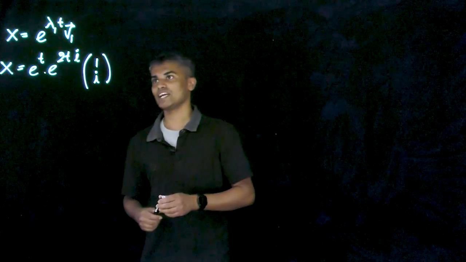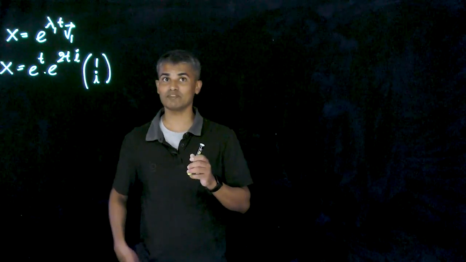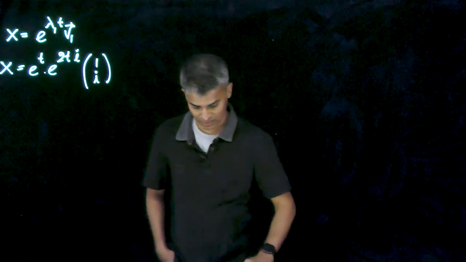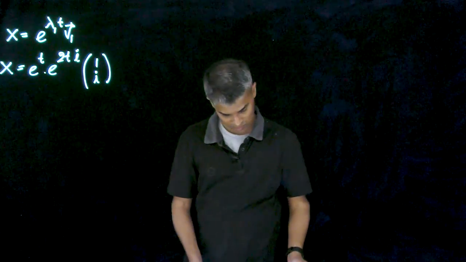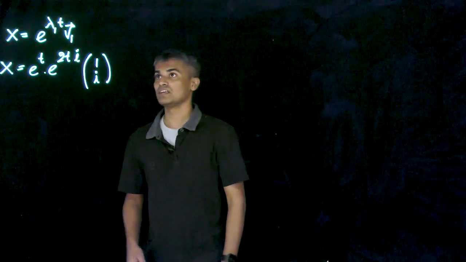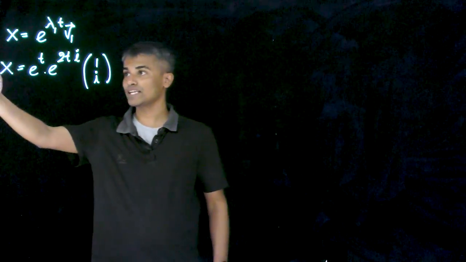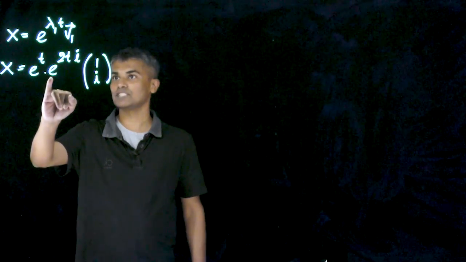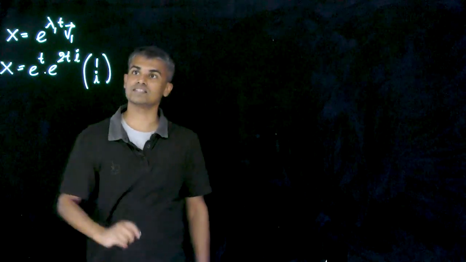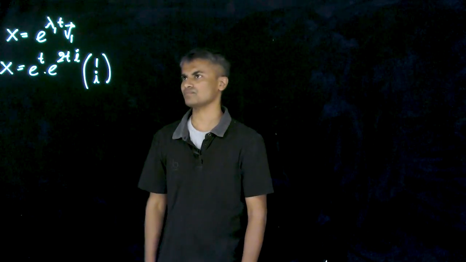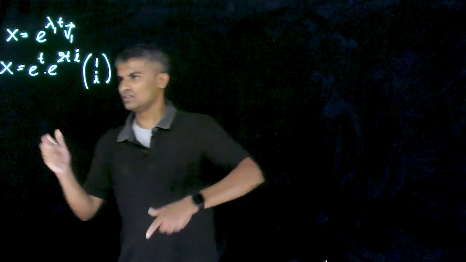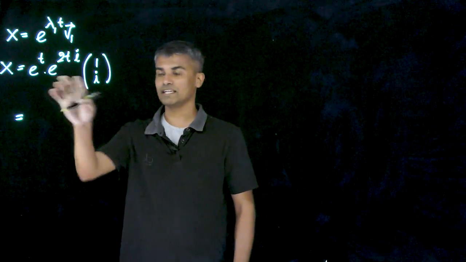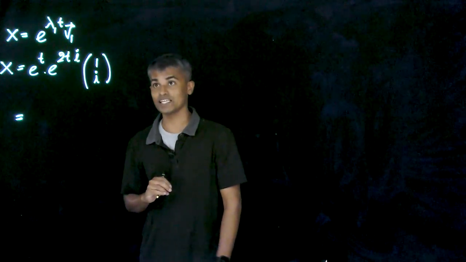Okay. Now, we have found the complex eigenvalue and the corresponding complex eigenvector. For the eigenvalue, I think it is 1 plus 2i, and then we found the corresponding complex solution x, which equals e to the t times e to the 2ti times the eigenvector (1, i). Now, what we could do is simplify this part, and we are going to use Euler's equation.